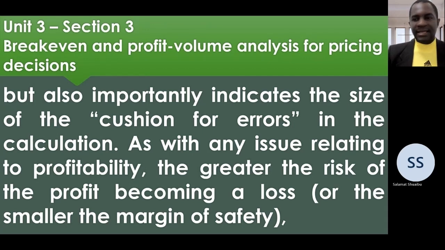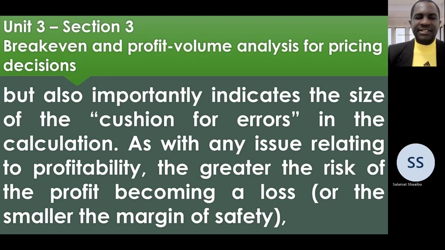In case you have an error and you slide down to a loss, the margin of safety will help you balance that calculation. That is why it's good to have a margin of safety, either in sales volume or in revenue amount, so that you are safe.